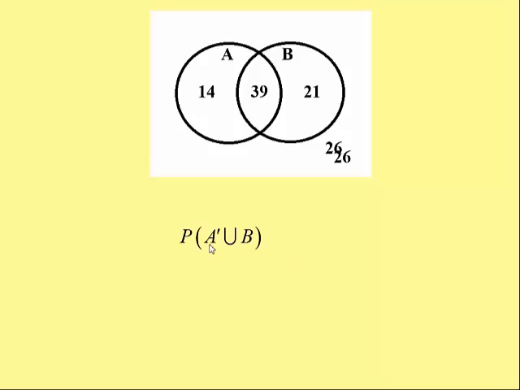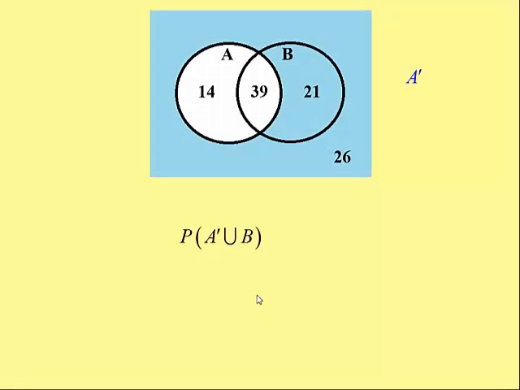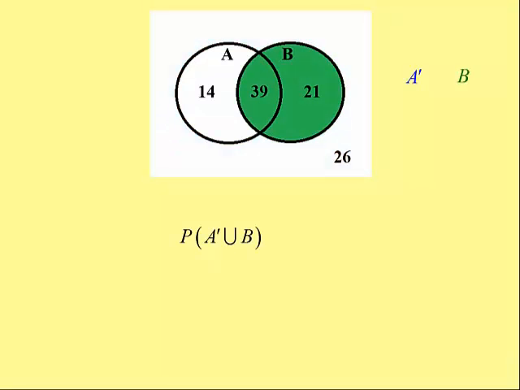Now here, the A with the little mark up there, which is called A complement, or the mark is read prime, A prime, means everything that is not in A. And so we want to take everything that is not in A, that's the part I've got shaded in blue, and everything that is in B, and put all of them together.